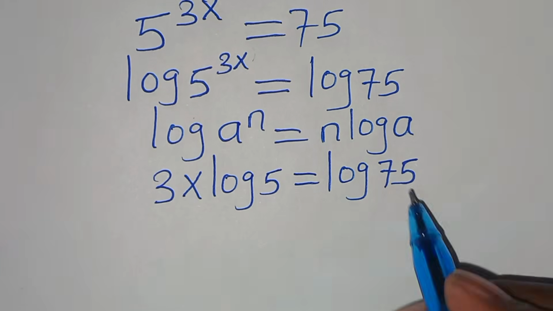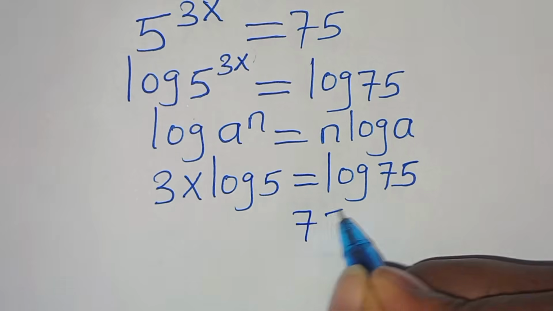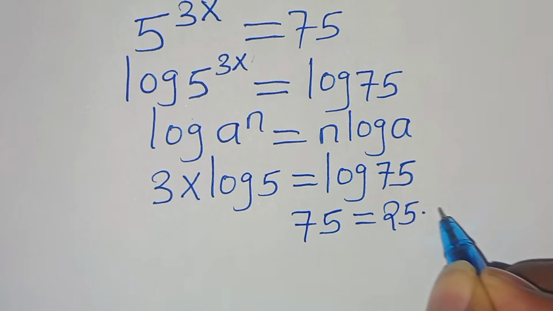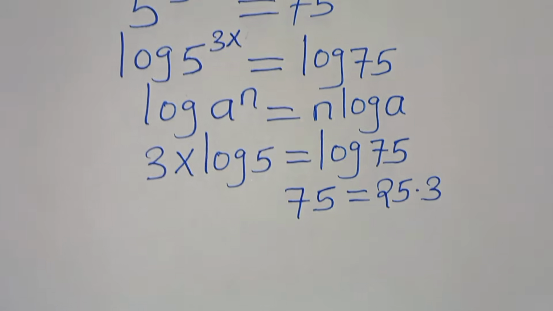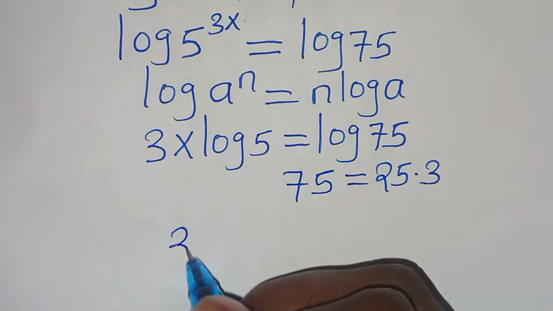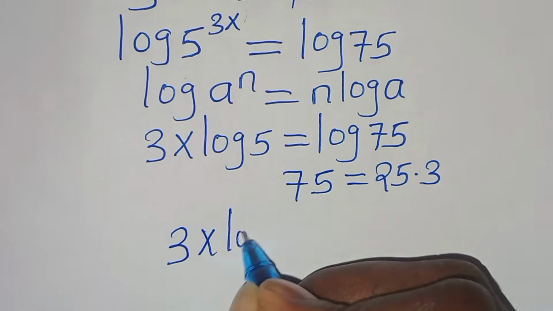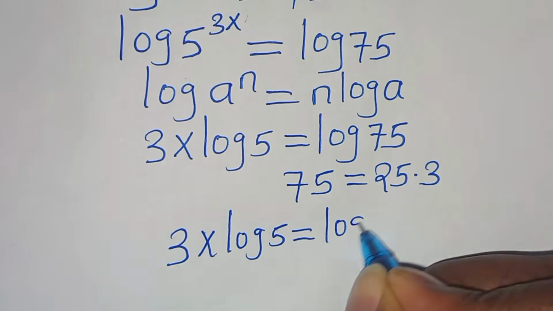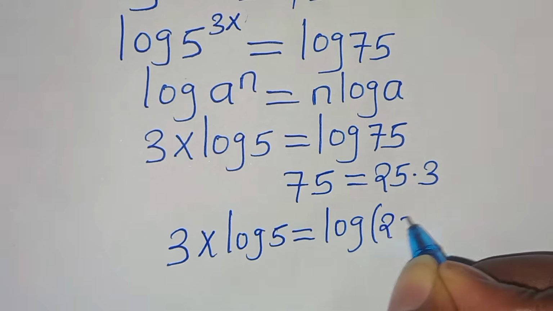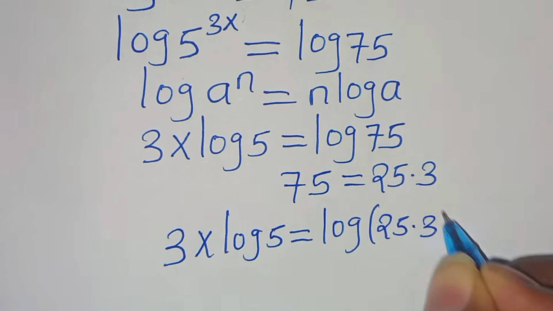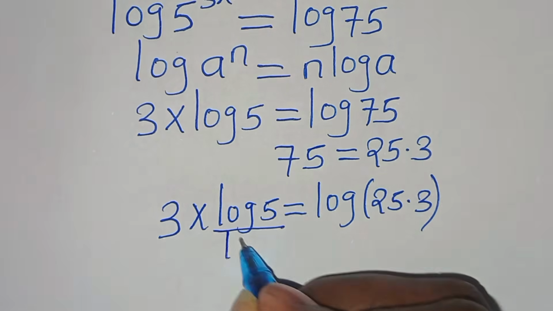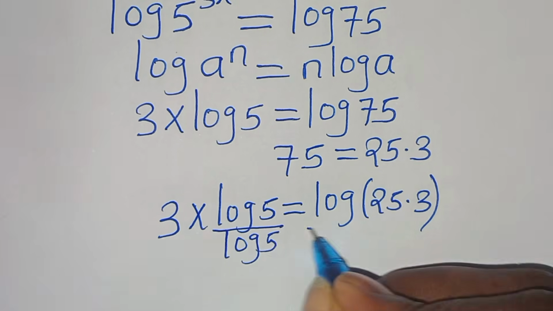The next step is that we can express 75 here. This is the same thing as 25 multiplied by 3. So this means that we have 3x log 5. This is equal to log 25 multiplied by 3. Now, the next step is to divide both sides by log 5.